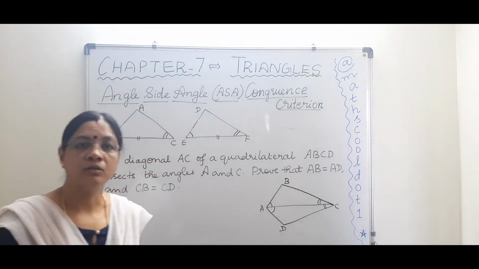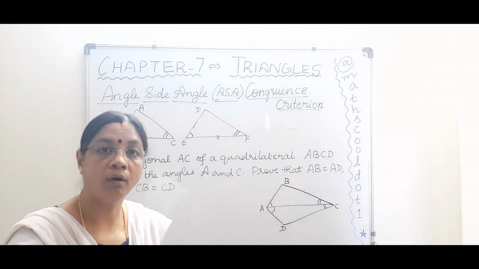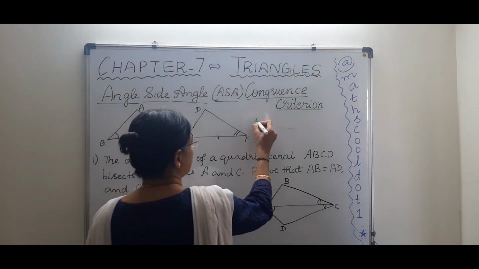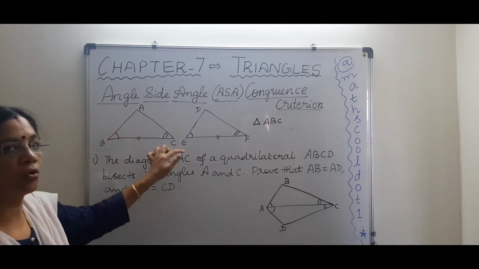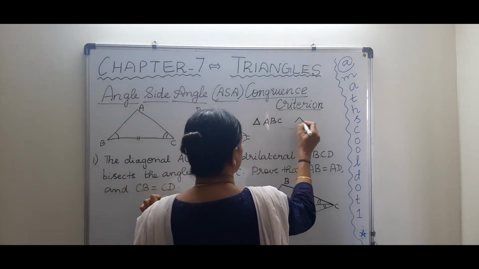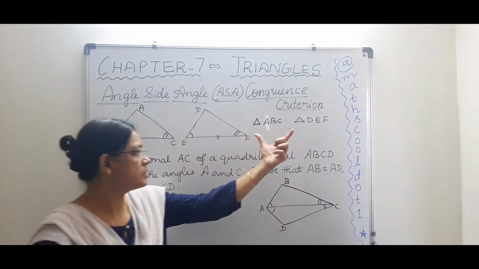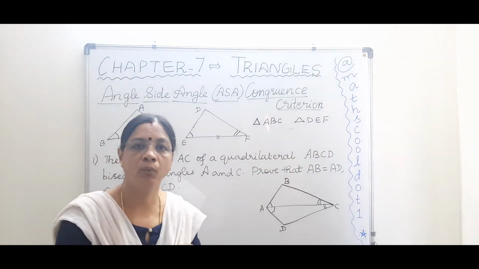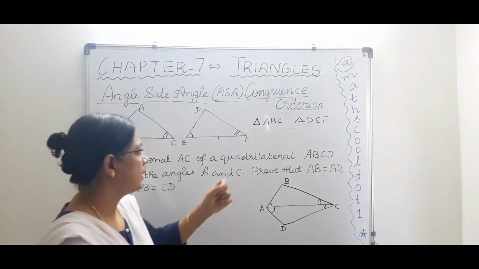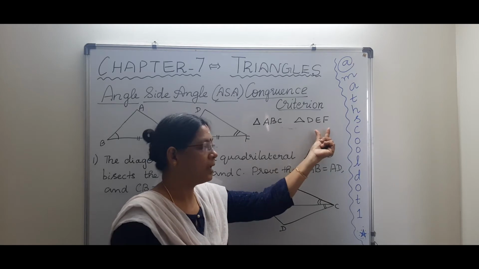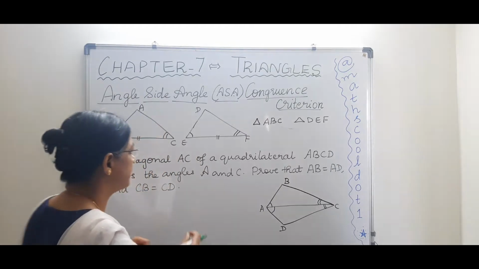And the other thing I said was naming the triangles. Naming the triangles in order is very important. See, I say triangle ABC; it goes in the anti-clockwise direction, and the other triangle is the same, DEF. If I name the triangles in the proper way, in a correct order, both named in the same order, then from these two names we'll be able to get the angles which are equal and the side enclosed between them. See, I'll explain how.